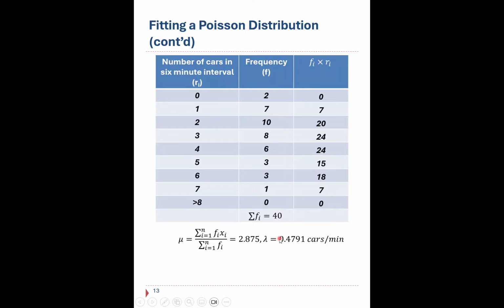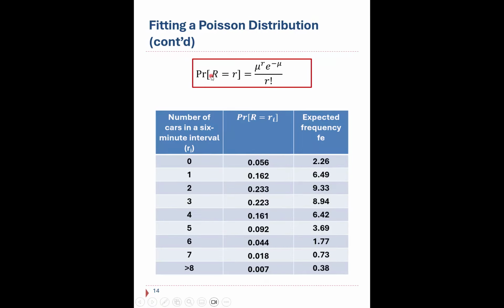So with this calculated value, the mu value, we can use the Poisson formula, which requires a mu value, and R values can be taken from 0 to any higher value at which the probabilities are significant. With this formula, we can generate the probabilities. Poisson distribution is a one-parameter probability distribution, so this is the parameter which we have calculated from the data.